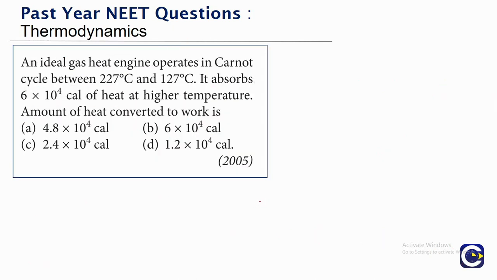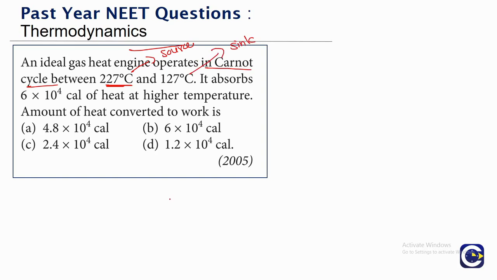We'll move on to the next question. This is a question that has come in the year 2005. An ideal gas heat engine operates in Carnot cycle, means we're talking about the Carnot heat engine between 227 degrees Celsius as the high temperature, this is the source, and 127 degrees Celsius, this is the sink.